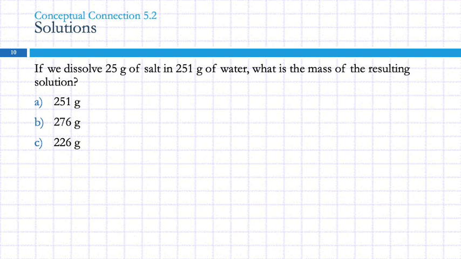You just add them together, right? Yeah, that's the answer. 251 plus 25, if my brain's working correctly, that's 276. Conservation of mass. When you put two things together, their mass doesn't change, right? The kind of trippy thing is sometimes their volume changes, but the mass is not going to change.